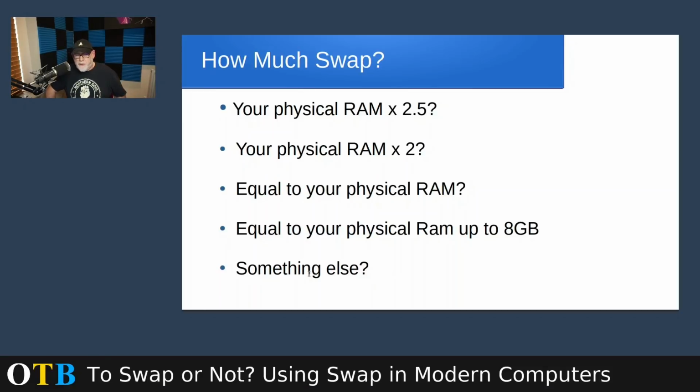Some web pages will suggest that you use swap space equal to twice your physical RAM. Others suggest that your swap space should be equal to your physical RAM. So if you have 8 gig of physical RAM installed, you should have an 8 gig swap space. Others say that actually even that rule is perhaps a little bit over the top.